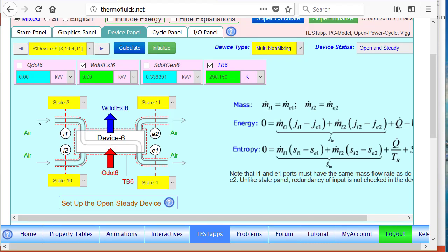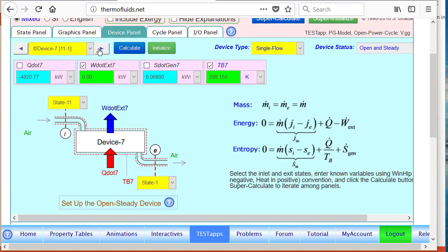As you can see, gas is heated from state 3 to state 4, whereas it is cooled down from 10, losing heat from 10 to 11. So when we solve the problem using W dot external equals 0, Q dot is found to be 0 too. So that shows it is correct.